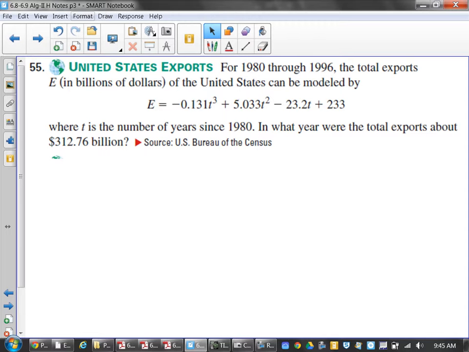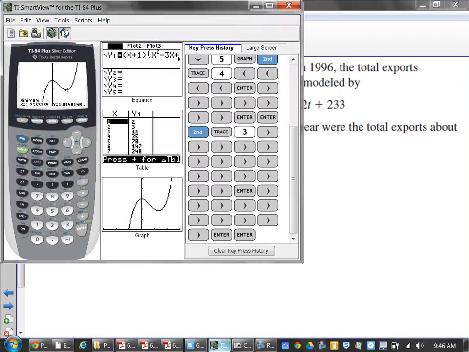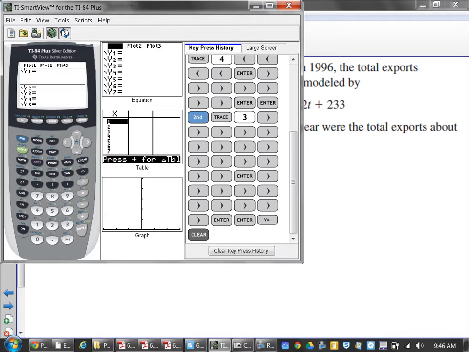What that means is, where does this equal 312.76-ish? All you do is you go to your calculator. You go to your y equals, and you put in that funky looking model.